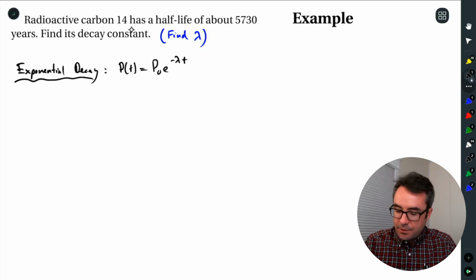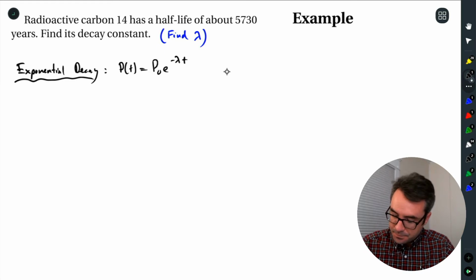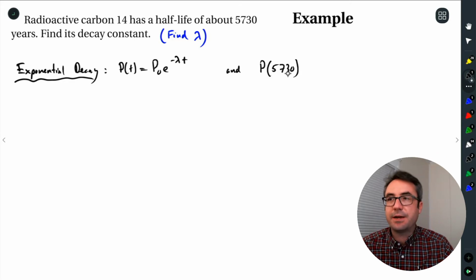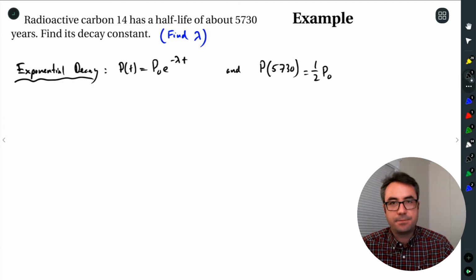And what other information are we given? We're given information about the half-life. So we're told that our population, or the amount of radioactive material at time 5,730, so that's what this value is, should be 1/2 of however much we started with.